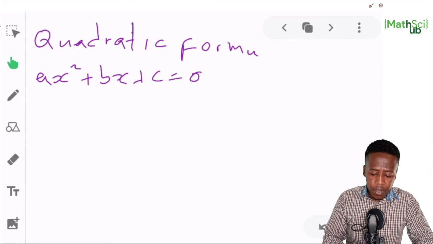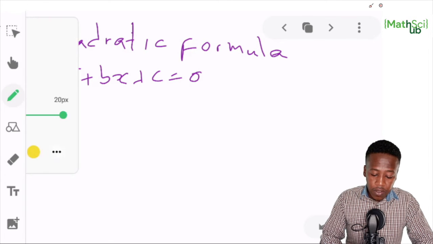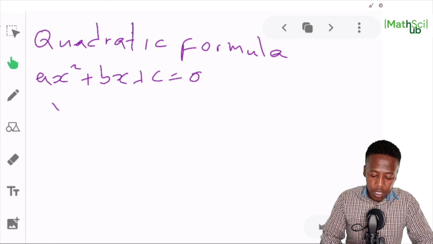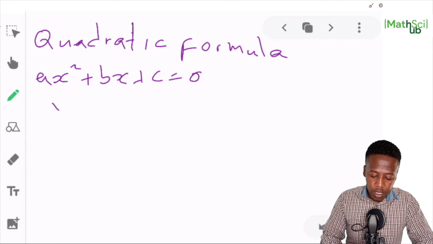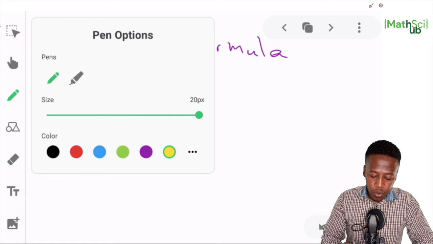Now in the previous method that we just did of completing a square, we get a quadratic formula. And you can actually derive the quadratic formula from this equation.